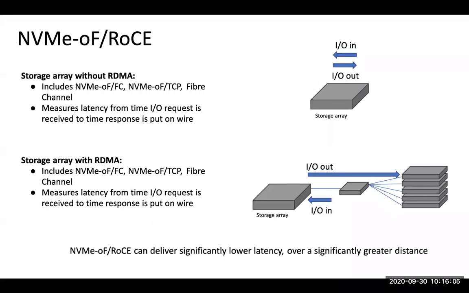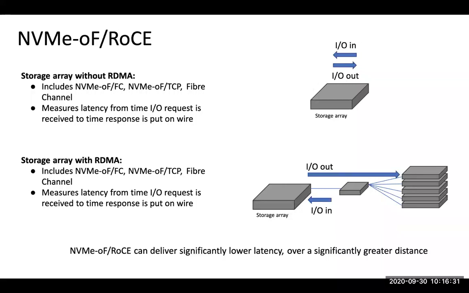Pavilion is able to provide extremely low latency of as little as 25 microseconds, and that's significantly, 20 times less than many other storage arrays out there. But it's not just less; it's less over a greater distance. So we're faster, further. So that's something to consider when you look at different storage arrays, specifically with NVMe-oF.